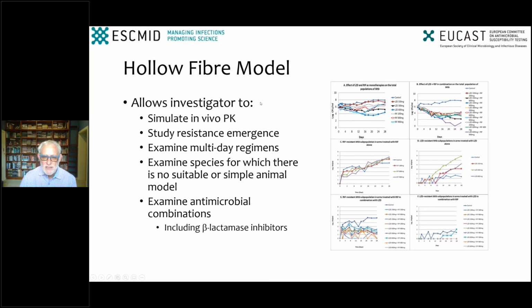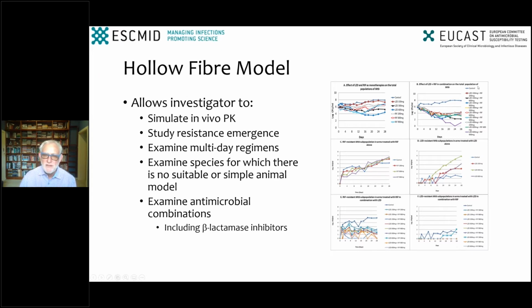And here's an example from a hollow fibre model, which has all the advantages in that you can simulate the in vivo PK, so the concentrations you're going to see when you administer it to man. You can study the emergence of resistance, you can study multi-day regimens, you can examine species for which there's no suitable or simple animal model, and you can examine antimicrobial combinations and variations in the ratios of those combinations.